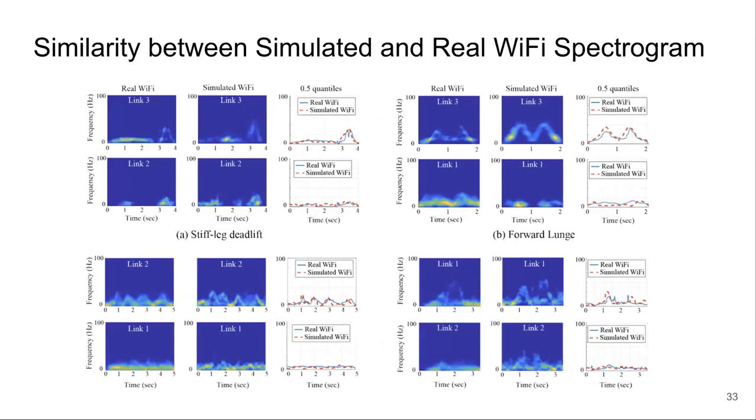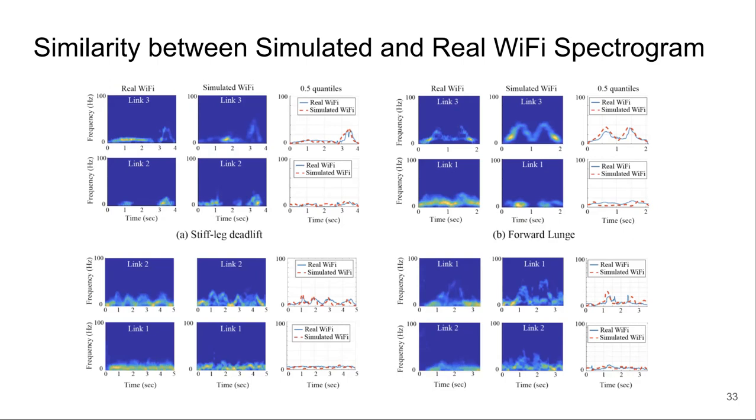So to evaluate the system, one important metric is the similarity between simulated and real Wi-Fi signals. So here's the visualization on 2 links for 4 exercises: A, stiff leg deadlift; B, forward lunge; C, lateral lunge; and D, broad jump.